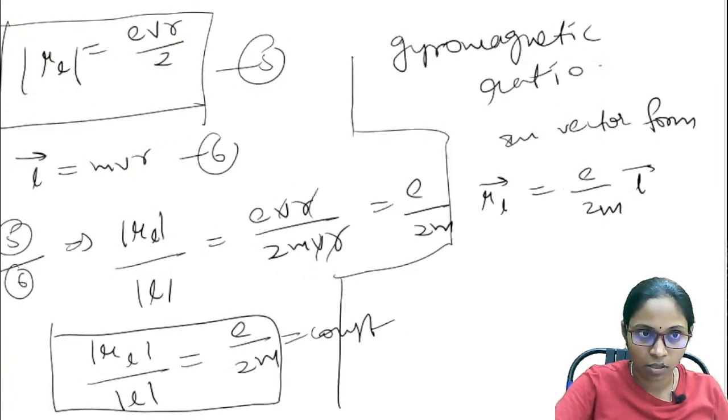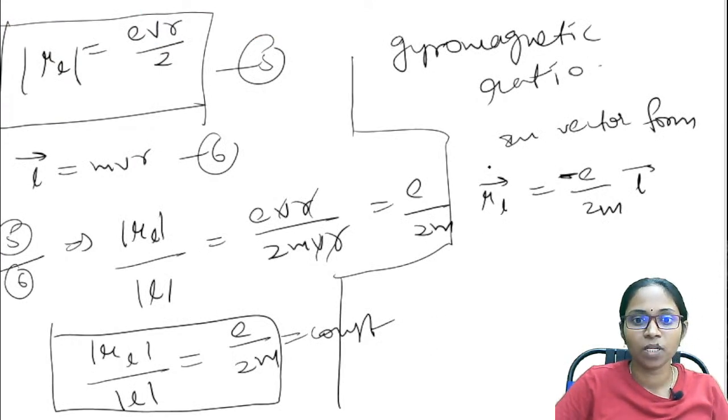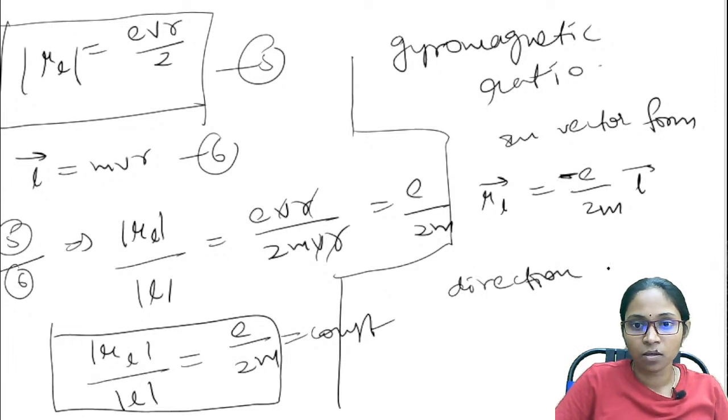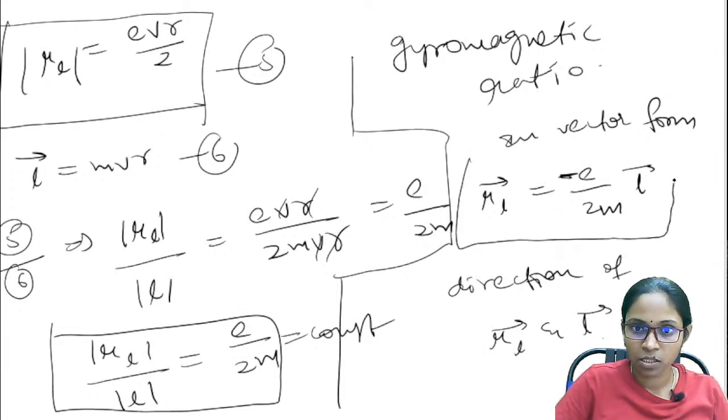That means they are in opposite directions. Therefore, here we will have the minus sign. Here the minus sign indicates the direction of mu L and L.